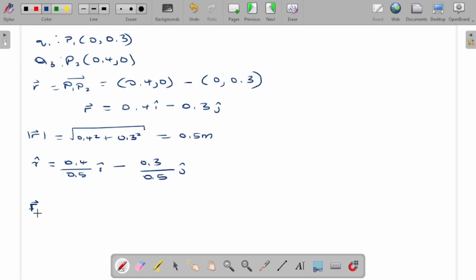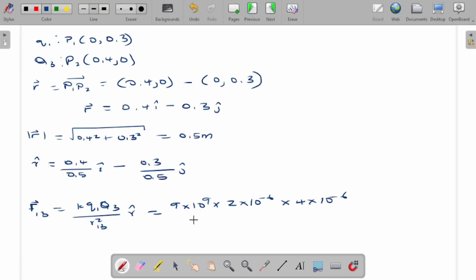Our force, which is 1 on 3, will be K Q1 Q3 over R squared of 1 and 3, and their unit vector, which is going to be 9 by 10 to the 9 multiplied by 2 microcoulombs by 4 microcoulombs, all over 0.5 squared, which is our magnitude, multiplied by our unit vector 0.4 over 0.5 i hat minus 0.3 over 0.5 j hat.